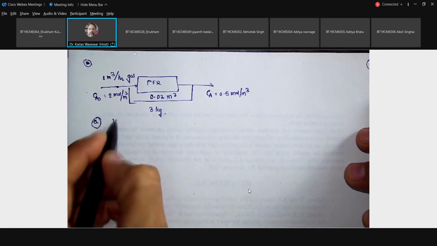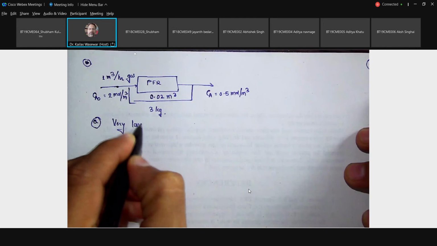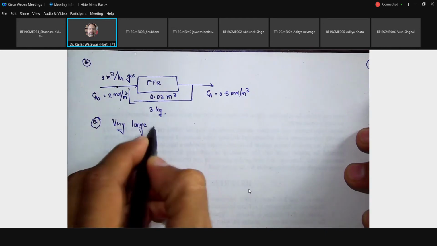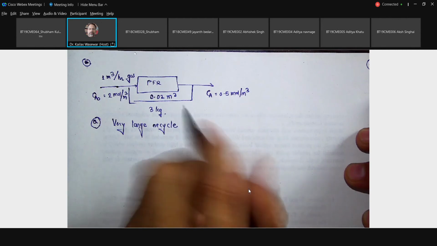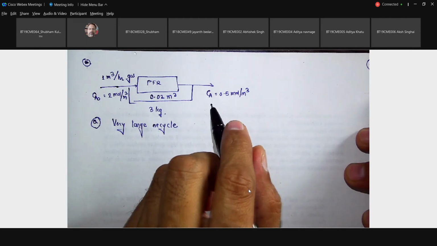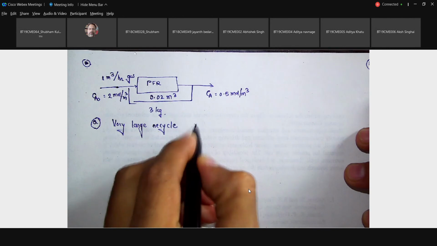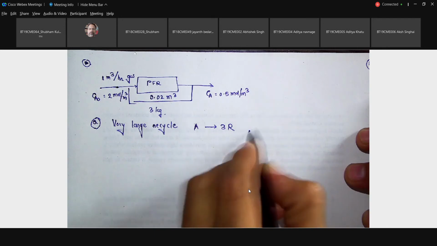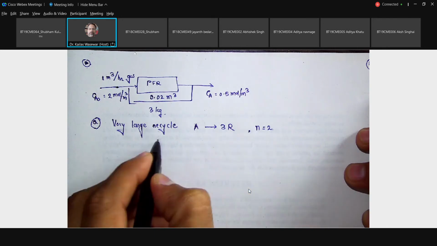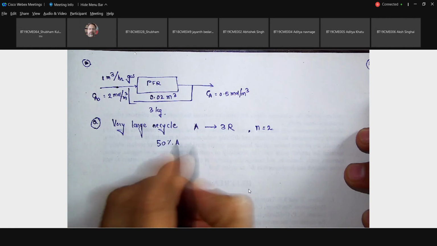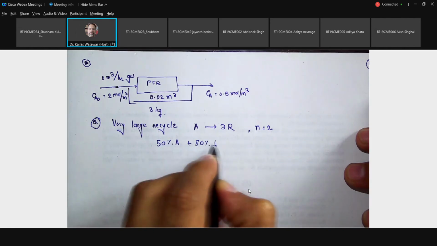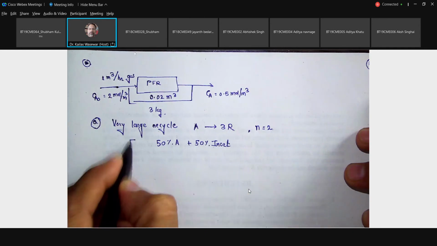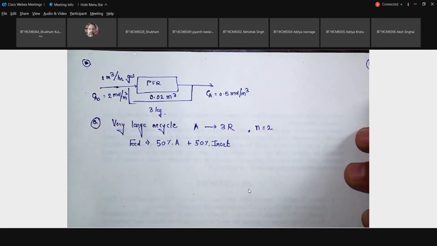There is a very large recycle, having second order, and feed as the 50% A plus 50% inert. Okay. Now it is a gas phase reaction.